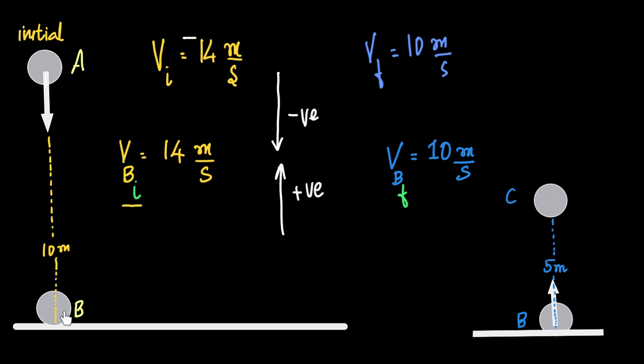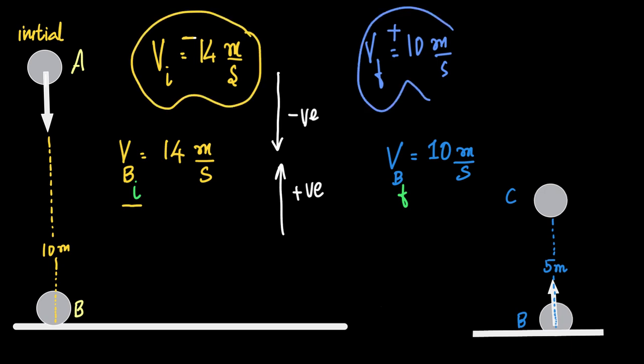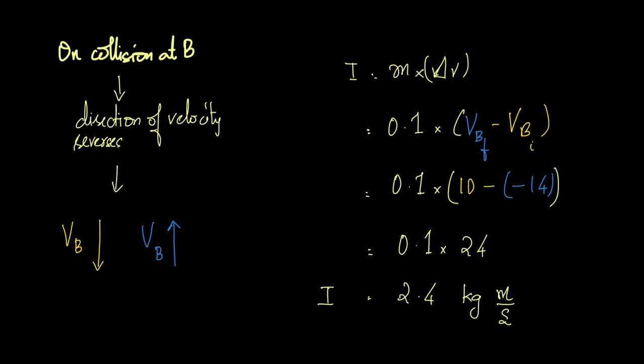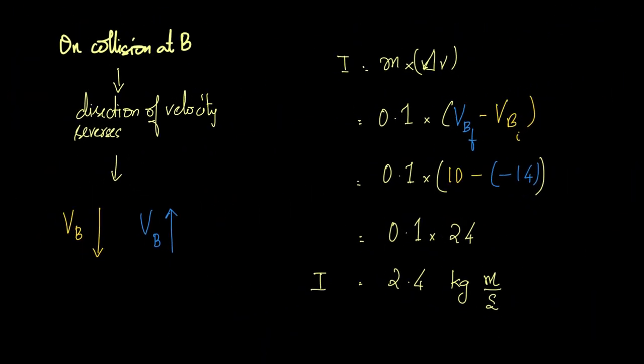And since velocity after impact is going upwards, I will take this as positive, which will give me velocity final as positive and velocity initial as negative. One more time, velocity initial as negative and velocity final as positive. Now, on collision at B, the direction of velocity reverses. So velocity at B is acting downwards, it reverses, and velocity at B is acting upwards now. I hope this point is clear, right?